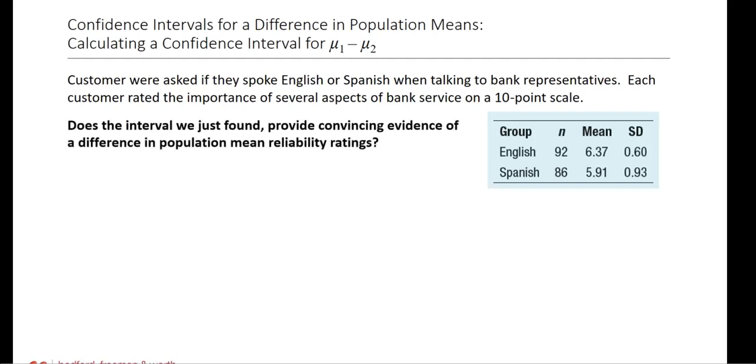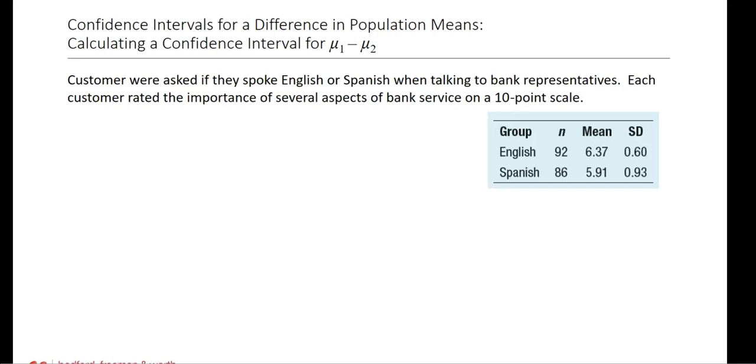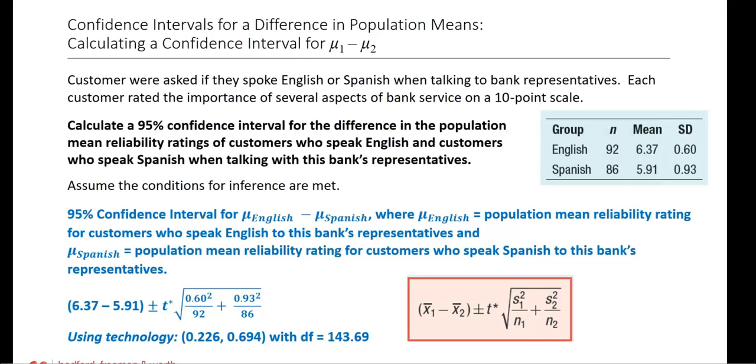Good. Does the interval we just found provide convincing evidence of a difference? So they are just saying the alternate is a difference there. So is 0 in the interval, right? 0 is the null. We think there's no difference. But it does look like if you do English minus Spanish, you get positive outcomes because all the values in the interval are positive.